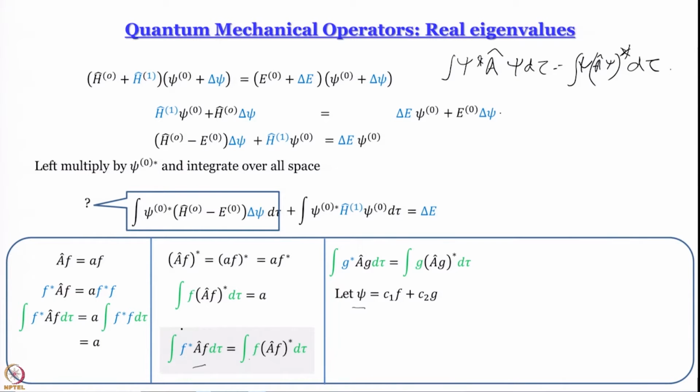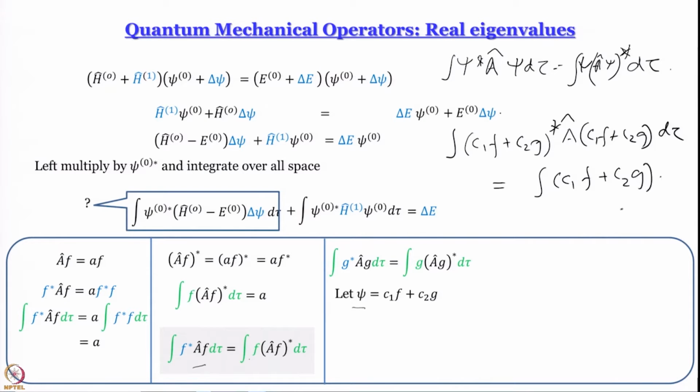So, instead of this I will write integral C1f plus C2g star a hat operating on C1f plus C2g d tau is equal to integral C1f plus C2g multiplied by a hat operating on C1f plus C2g, full star, d tau.